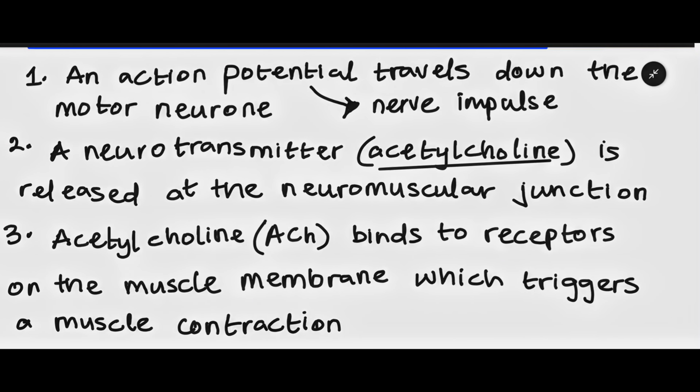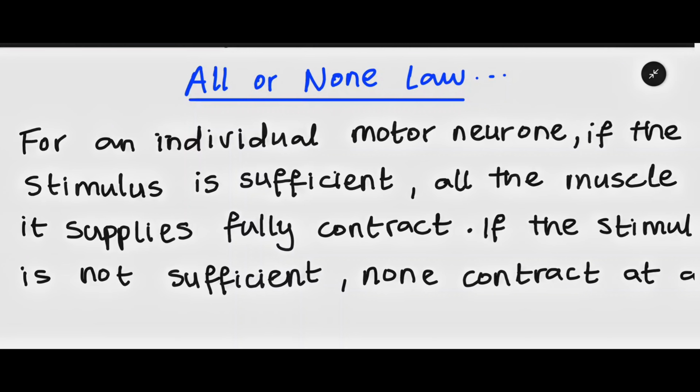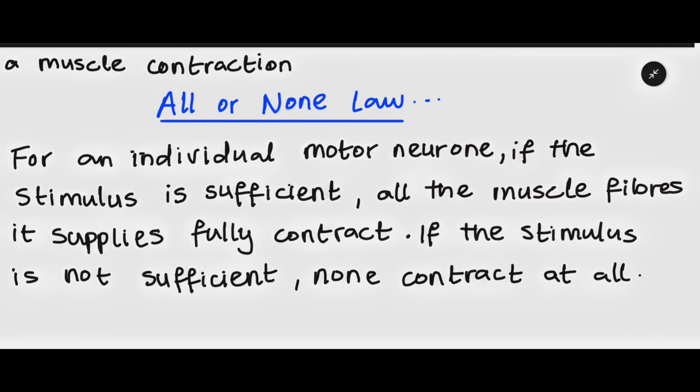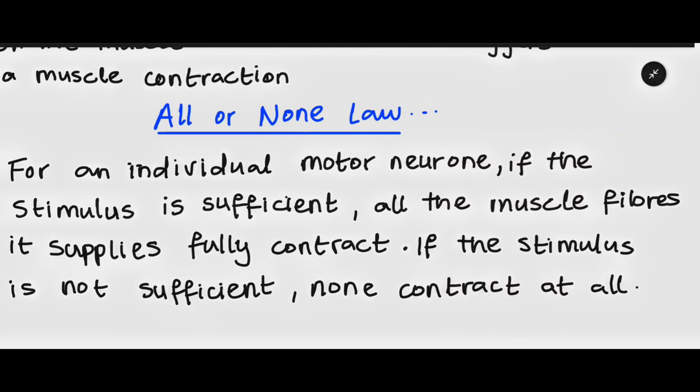And you need to know that muscle contractions follow a certain principle, a certain law known as the all or none law, which states that for an individual motor neuron, if the stimulus, so the stimulus being that nerve impulse, is sufficient, all the muscle fibers that it supplies will contract fully. But if the stimulus is not sufficient, none of the muscle fibers that it supplies would contract at all. So that is the all or none law.